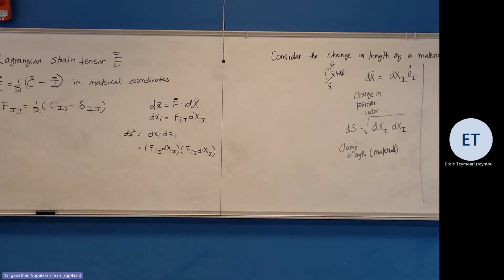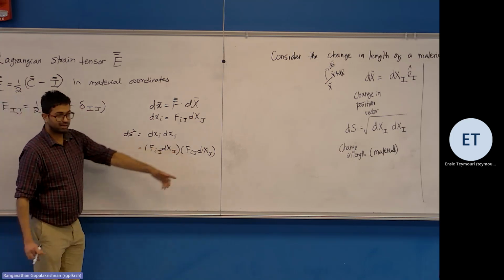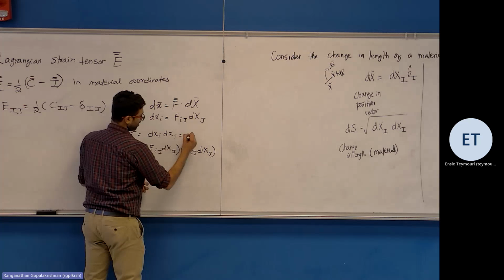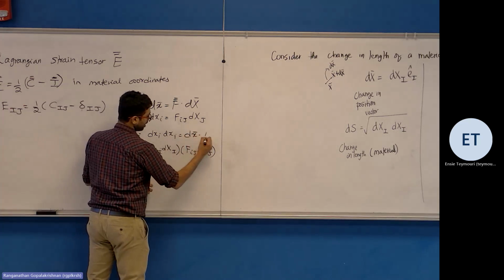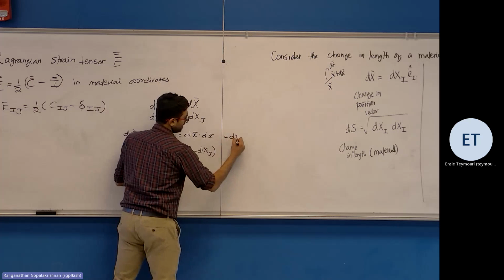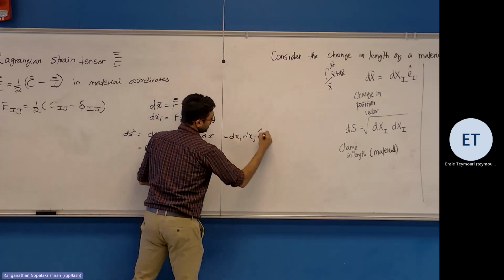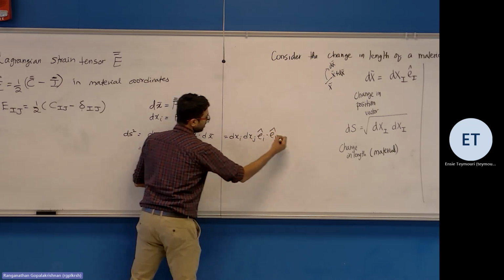We started this towards the end of last lecture, and the reason we do i and i, I'm sure you would agree with me that I can write this dx dot dx, which is dXi dXj Ei dot Ej, which will be a delta function.